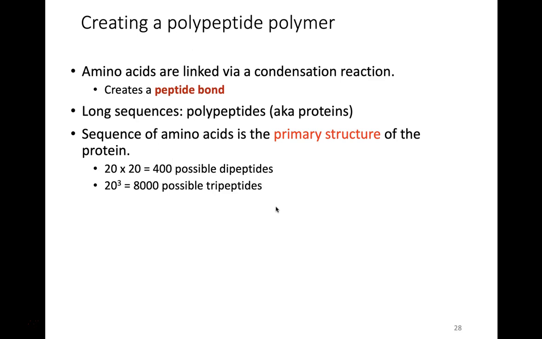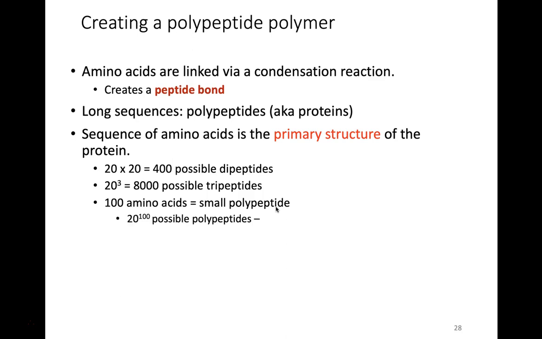If you just want something that is 3 amino acids long, there's 8,000 possible tripeptides. If you want a polypeptide that's 100 amino acids long, this would actually be a very small polypeptide. Most proteins are made of way more amino acids than that.